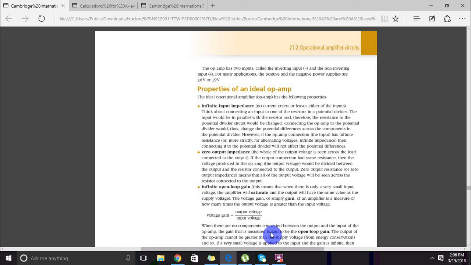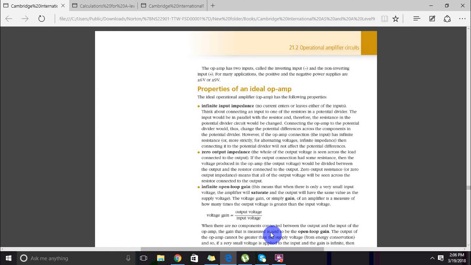If the supply voltage is 9 volts, then the maximum output that it can give is 9 volts. And the thing about infinite loop gain is that even a small input can give us a huge output, but the output is still limited by the value of the supply voltage. Cool, does it make sense?